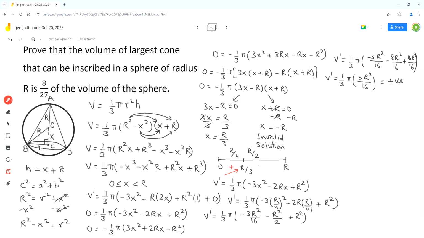Now we can do the test on the right side of x equals r over 3. So we should sub in x as r over 2.